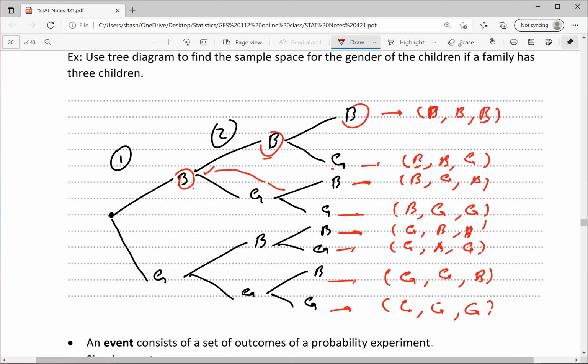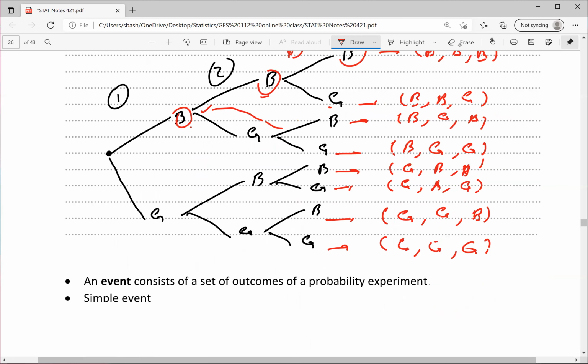Starting with one point, in each part of the experiment we do the same thing: we list the possibilities, a boy or a girl. Then for each kid, the next one also has the two possibilities, either a boy or a girl. We do this until the third kid. Then we can list the combination of the outcomes for each case.